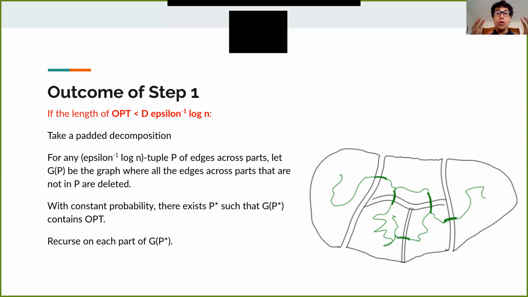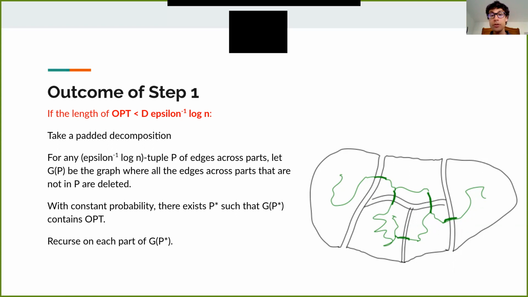Okay? Look at this subset, delete all the other edges, and that's your new graph. Now, in this new graph, we can work in all the parts independently, given that these edges are in opt, because we know that we don't need the other edges. So we know that we can focus only on these log n. So we can try all possible subsets of log n over epsilon size of edges across the partition, and one of them is good.